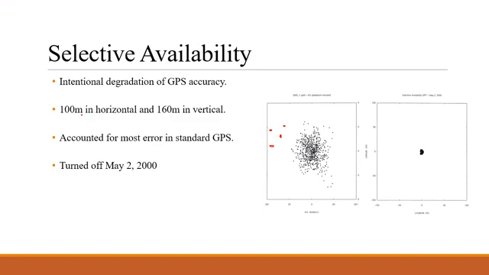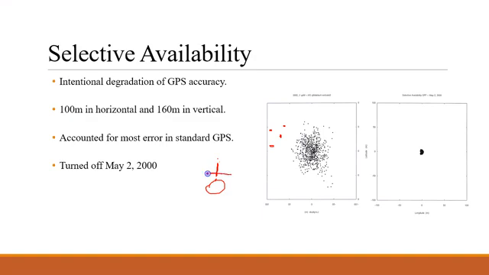Selective availability causes this degradation, with 100 meters in horizontal and 160 meters in vertical displacement. For example, this is the earth surface, and the vertical degradation given to it was 160 meters. From the earth surface, it covers 160 meters in vertical and 100 meters in horizontal.